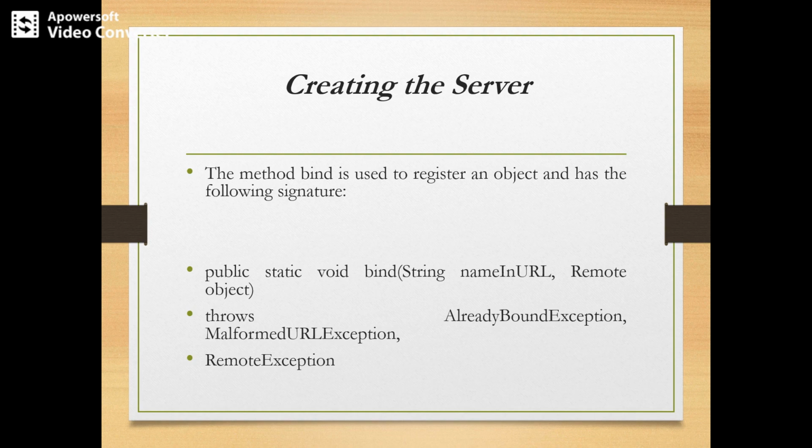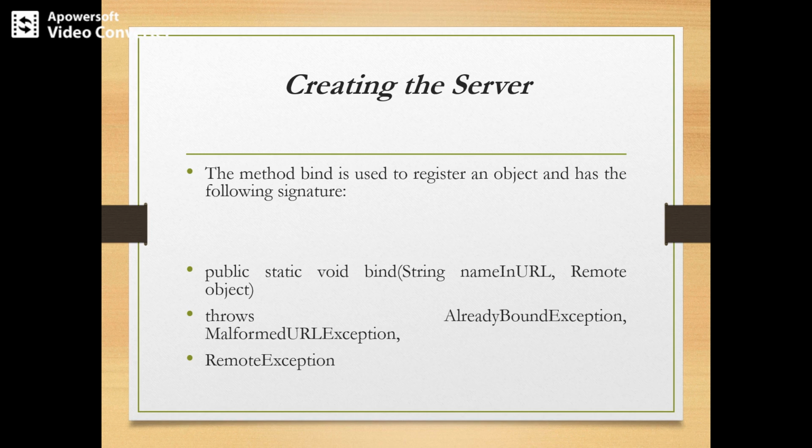That is the name, host, port, and it is the URL of the object which is to be registered. Here host actually refers to the machine. We can call it a remote machine or a local machine, where the registry is located.